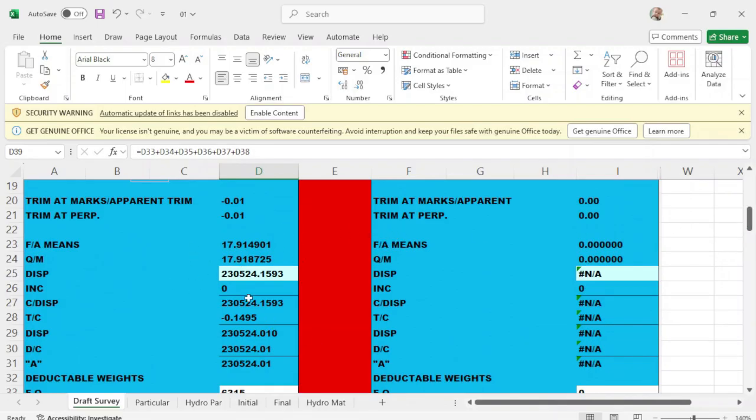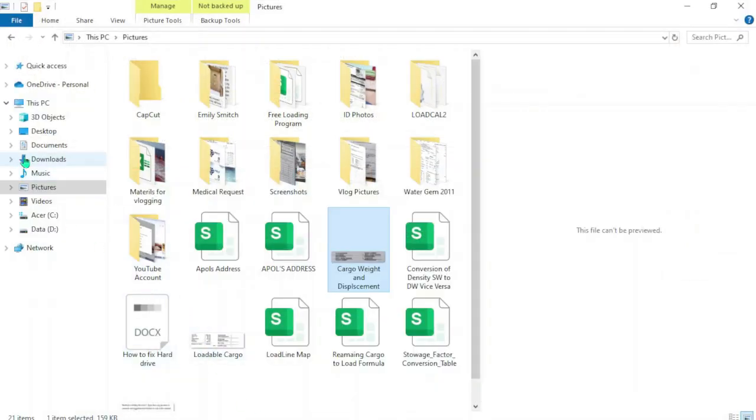First things first, once you already have your displacement here, then you will apply your trim correction. Okay, so let's see, I have here my trim correction. I will find it again. Okay, let's go to documents. First, private trim correction.